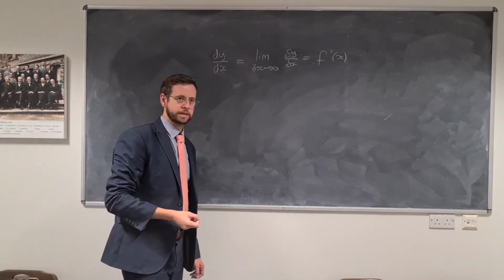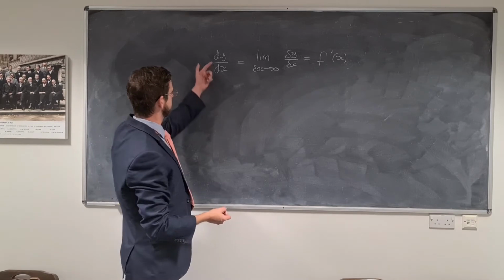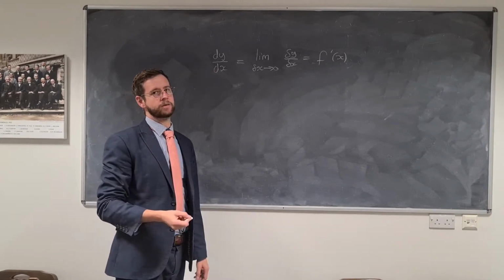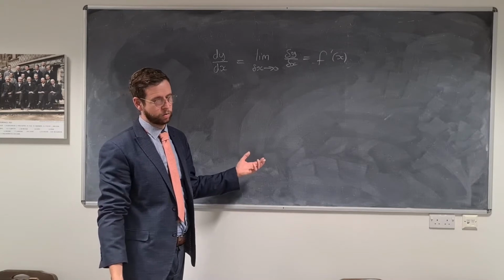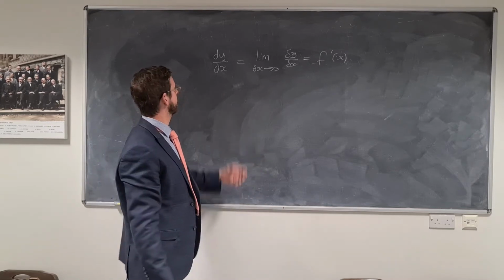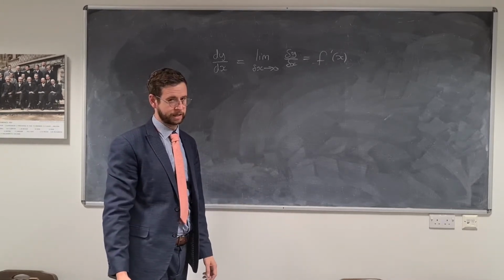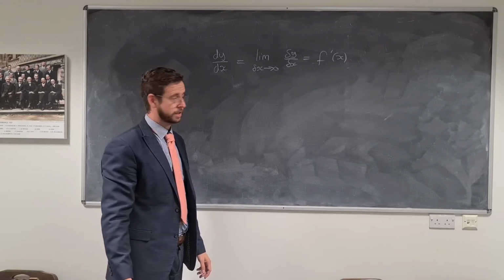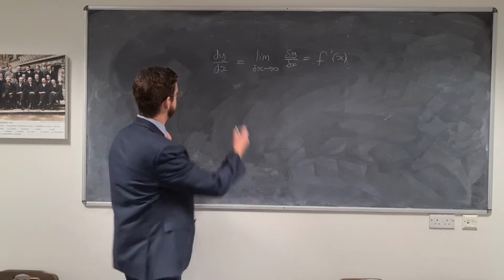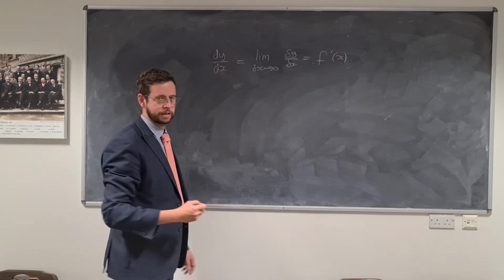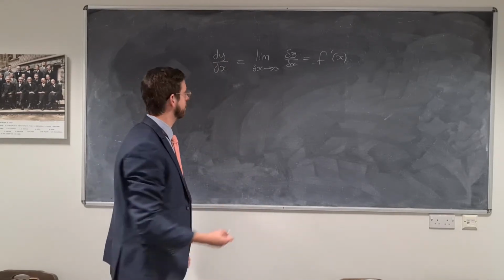Now Leibniz looked at this and saw that this quotient here need not always be a quotient, that this formula doesn't necessarily always have to look at how dy changes with respect to dx. And so he, for the very first time, was able to split this into two individual objects.